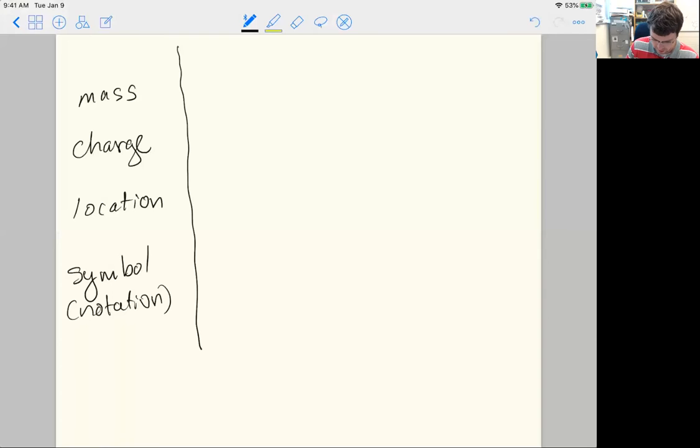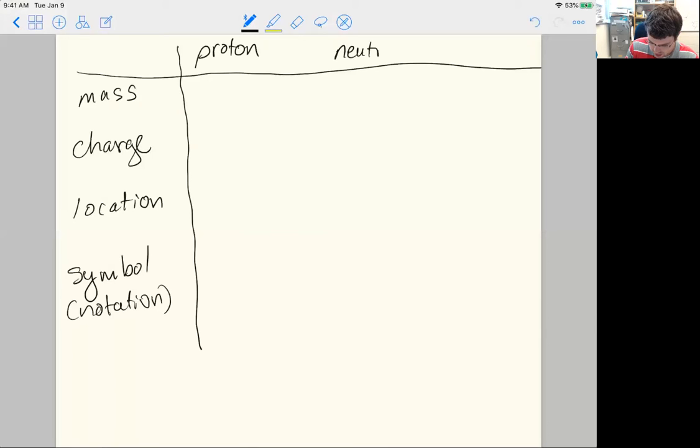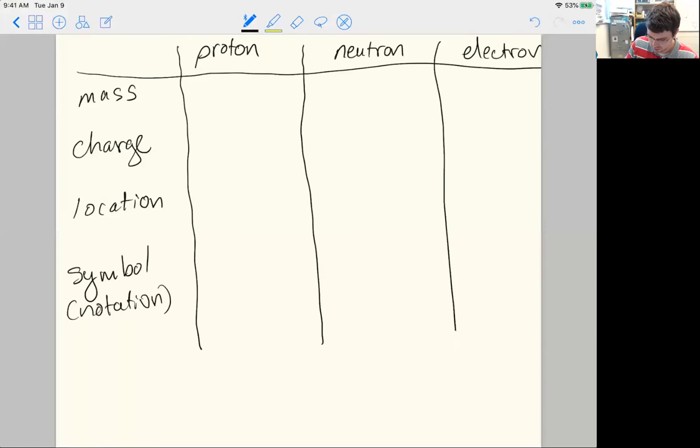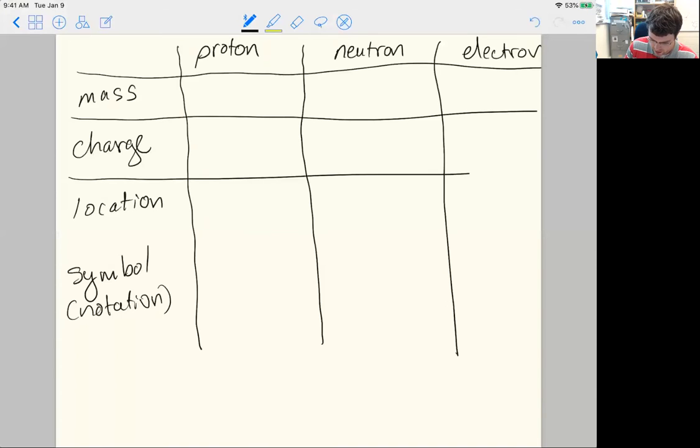So we're going to describe each of these things for the proton, neutron, and electron. Okay, so we have our table made. Let's start filling it out.